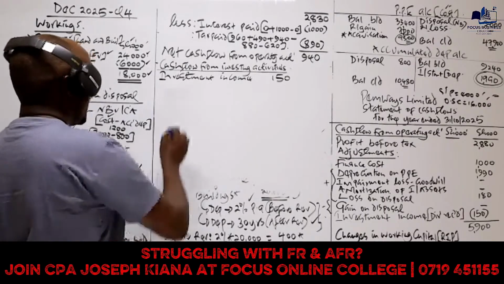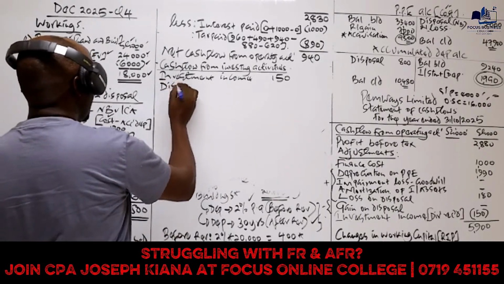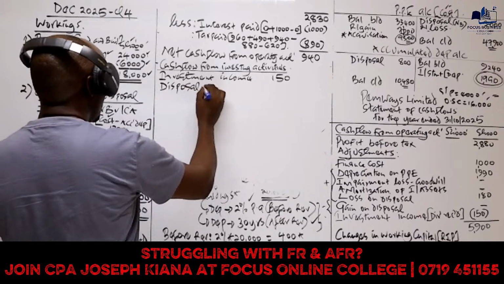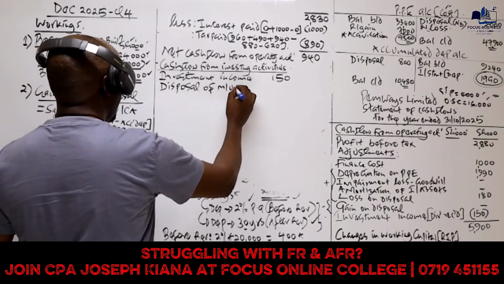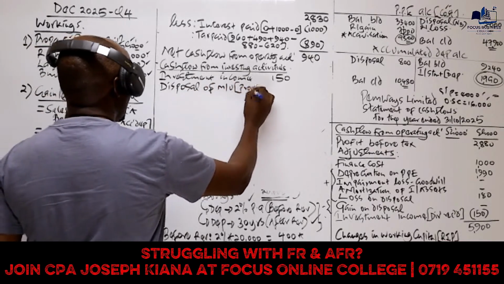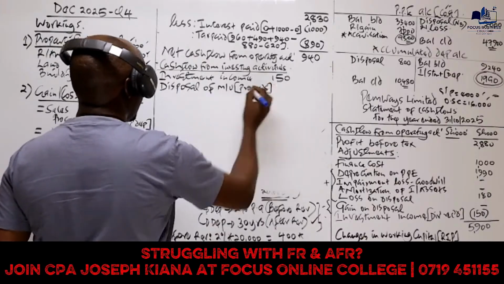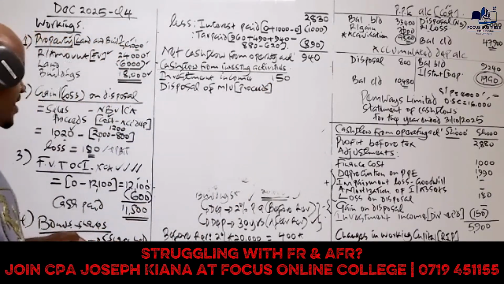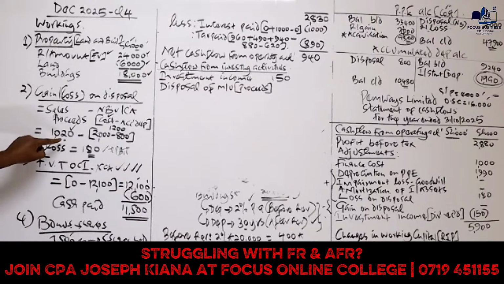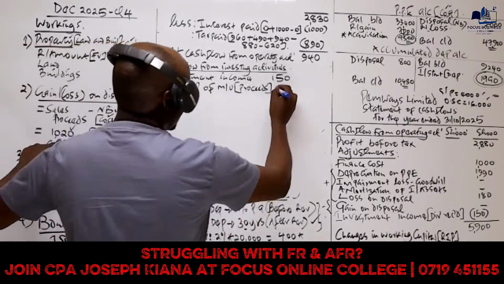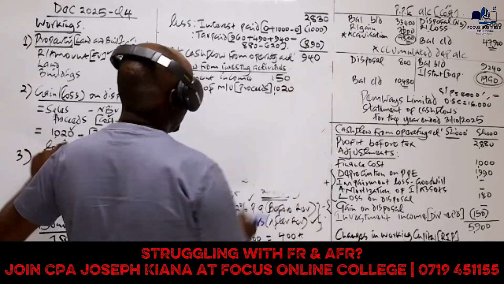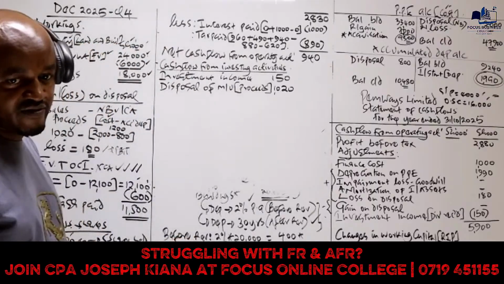What else do we consider here? In note number 3, there was disposal of a motor vehicle. Remember, in this case what we consider is the sales proceeds. How much was received from selling that motor vehicle? As per note number 3, it was 1020. This 1020 is still a cash inflow.